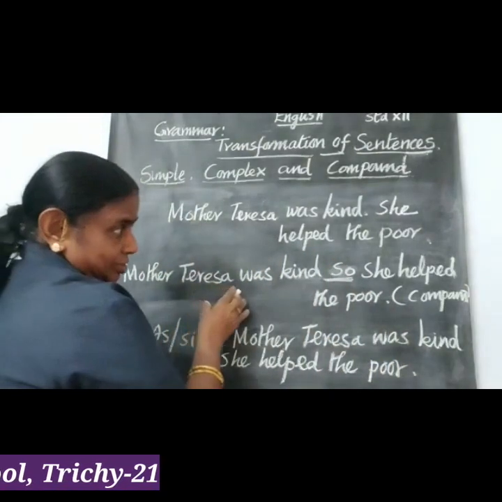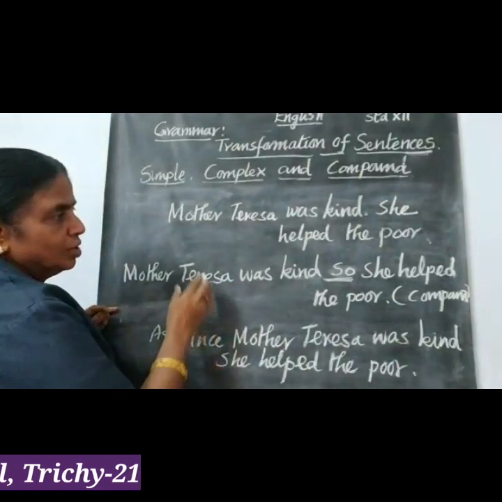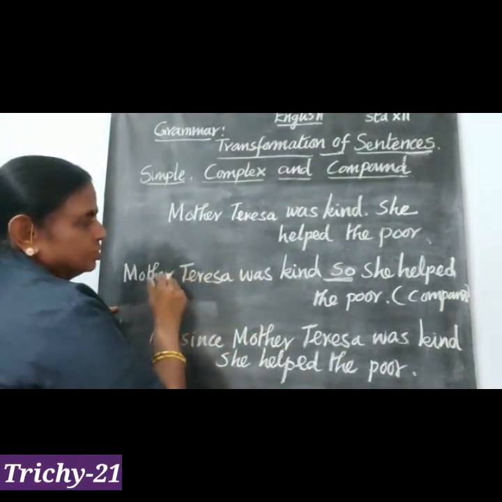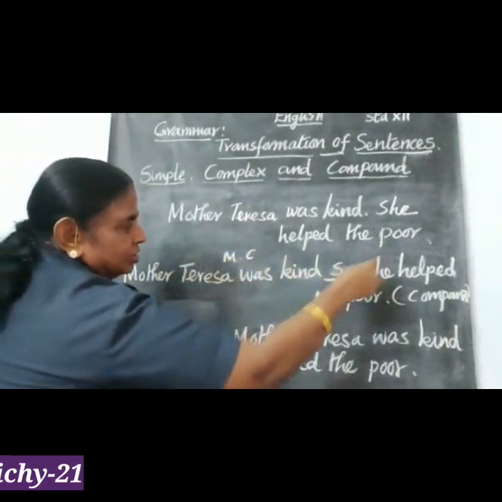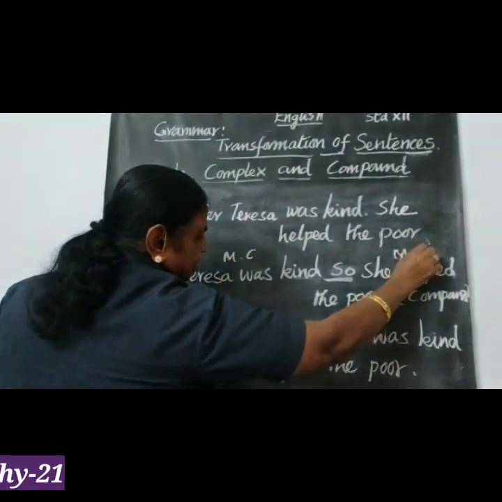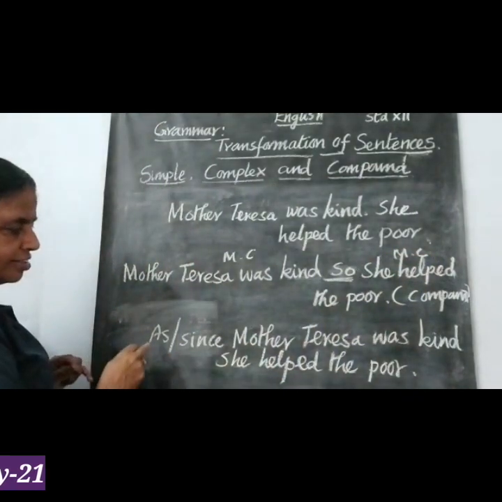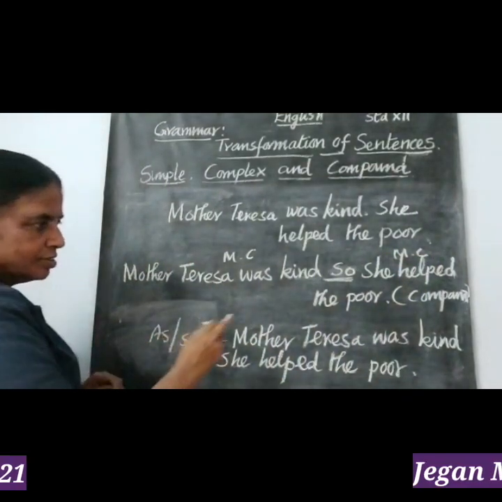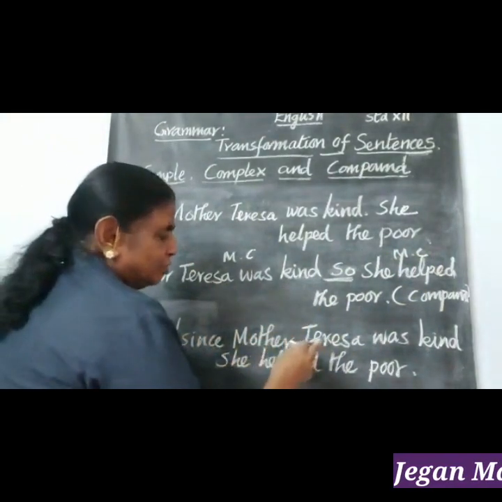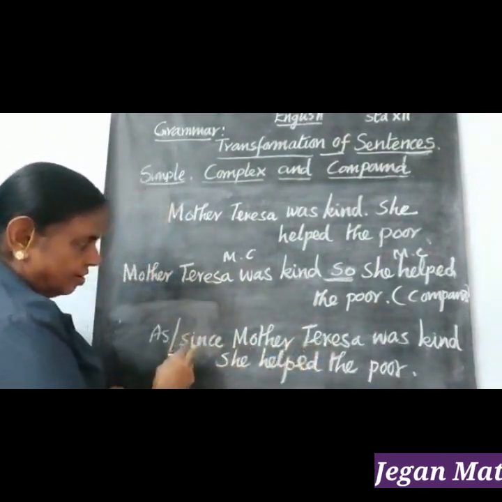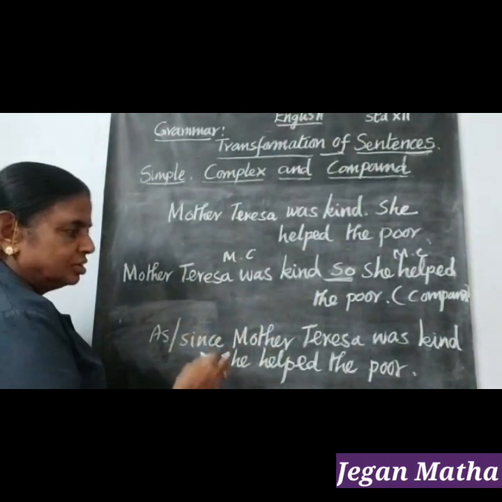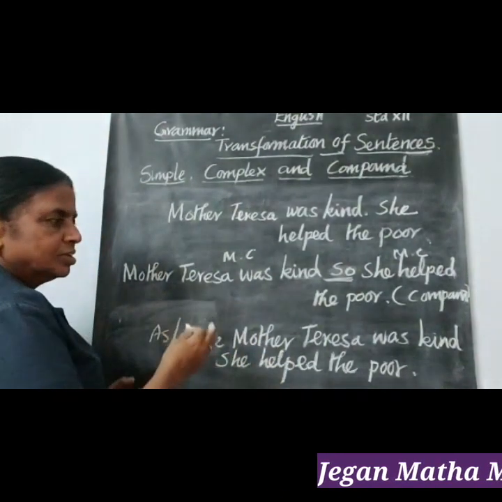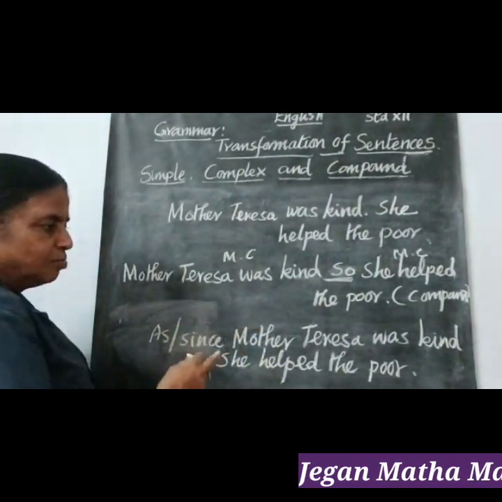I told you it's a compound sentence because there are two main clauses: Mother Teresa was kind, one main clause, and she helped the poor, another main clause. But here, as or since Mother Teresa was kind, she helped the poor.